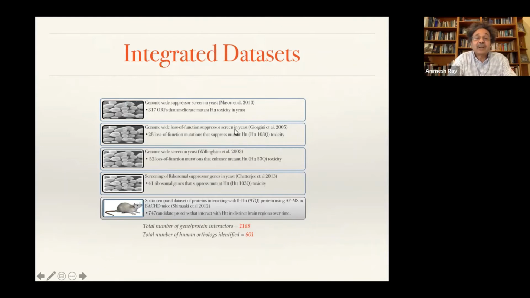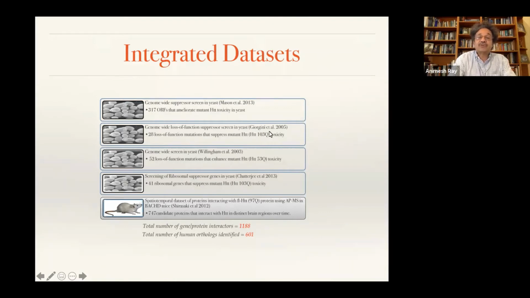Then there was another genome-wide loss of function screen. This is based on sheer mutagenesis experiments, even older, 2005, and got 28 of them that suppressed the mutant function. Then another one in which there was 52, and these were done with slightly different alleles of the human toxic protein.